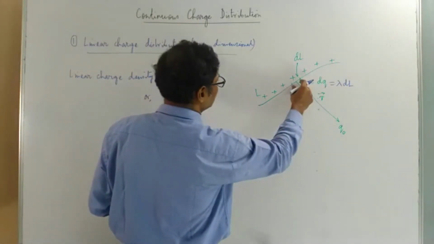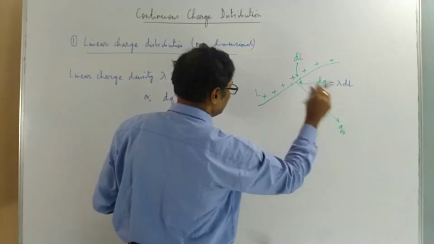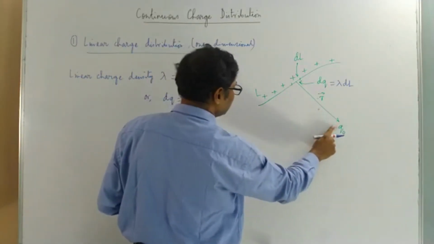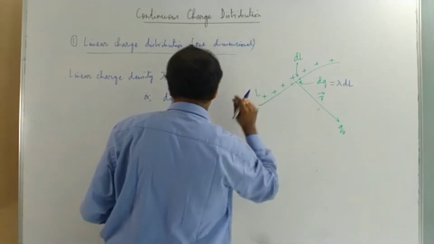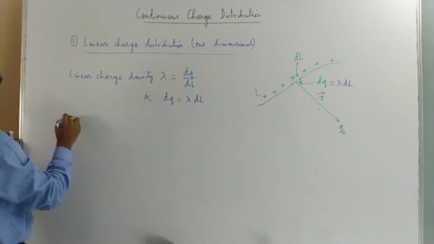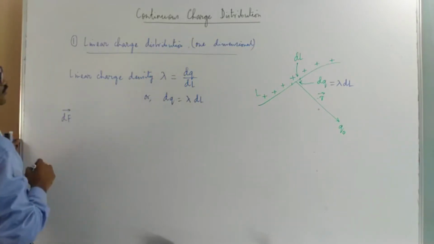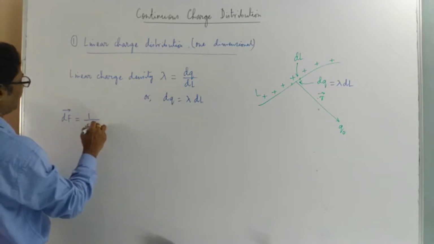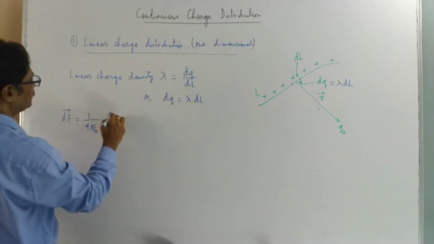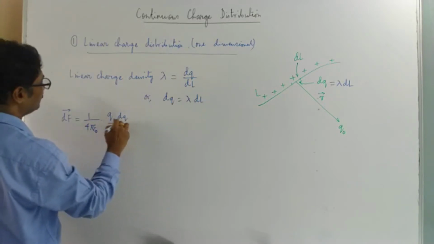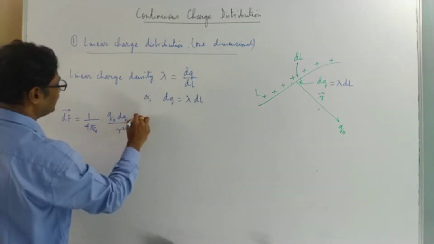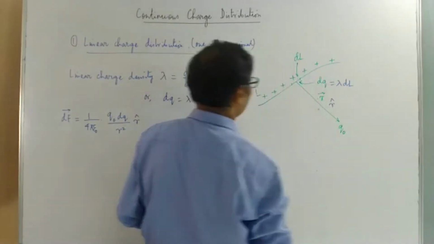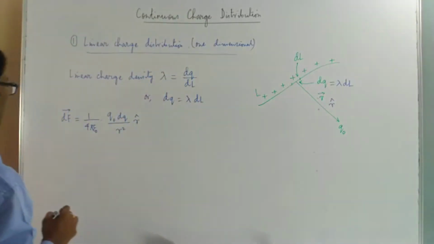If I want to calculate the mutual force between this dl and q0, or if I consider the force experienced by this q0 due to this element dl to be equal to dF, then according to Coulomb's law, I can write 1 by 4 pi epsilon 0 q0 dq by r square into r cap, where I consider that r cap is the unit vector along r.